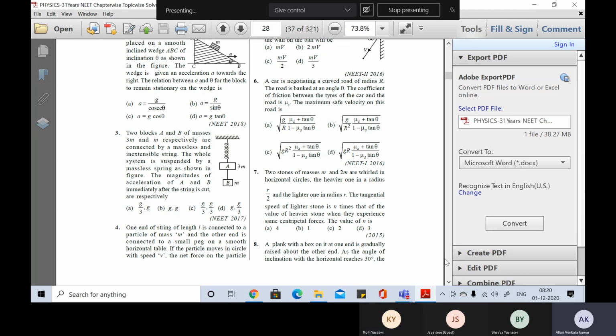That's all. And will spring force change instantaneously? No, sir. So that concept we'll use. Okay. Procedure is draw the FBD of both the blocks before cutting the string and after cutting the string. Please do it and tell me.